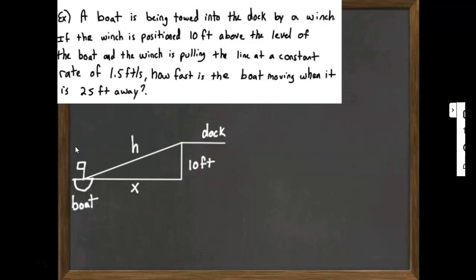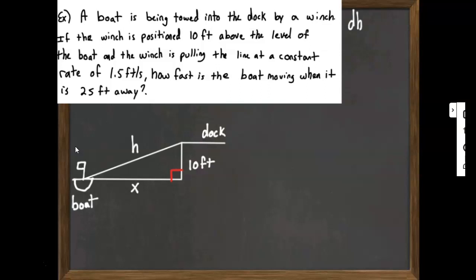But the amount of rope between the winch and the boat, h, is going to change as we wind it in. This is our visual picture, and of course, this is a right triangle, because the dock is straight up from the water level. So we need to find a relationship between x and h, but let's also keep in mind what we know.